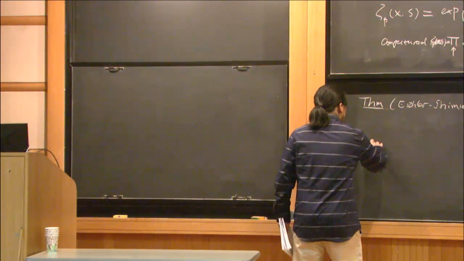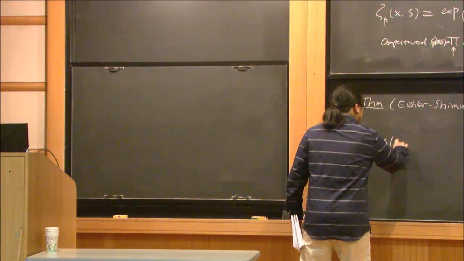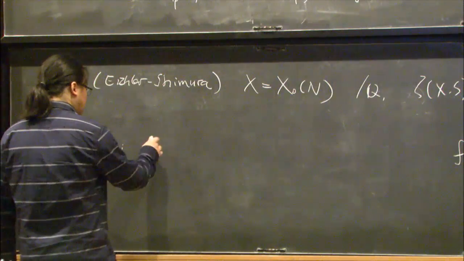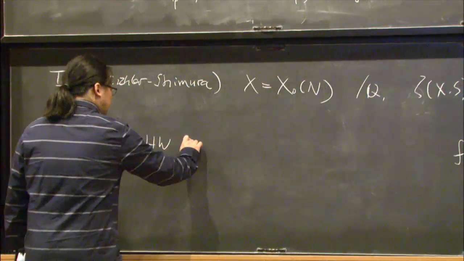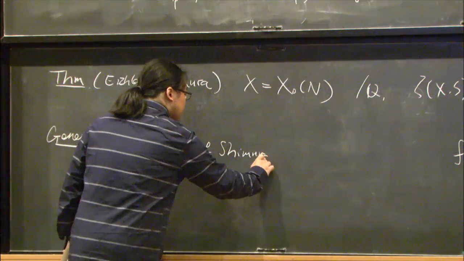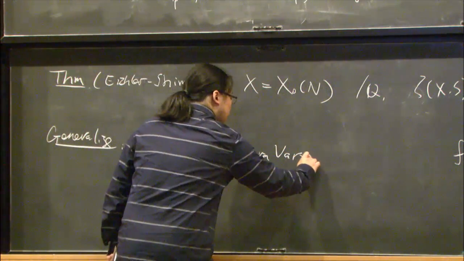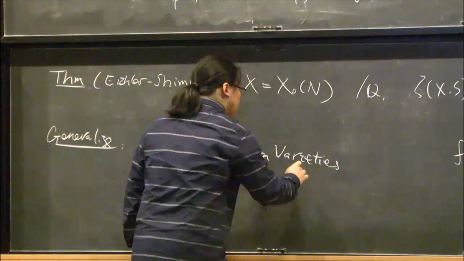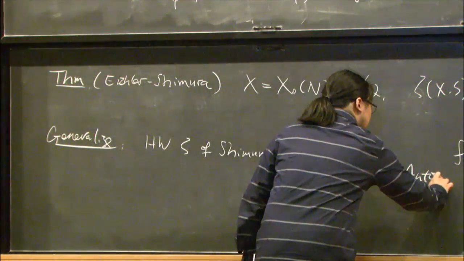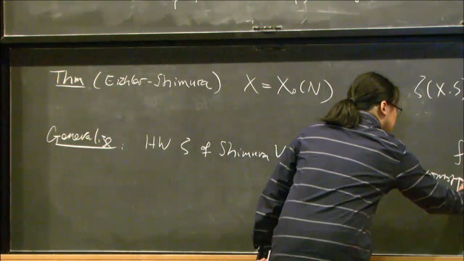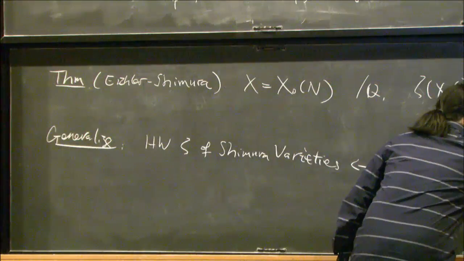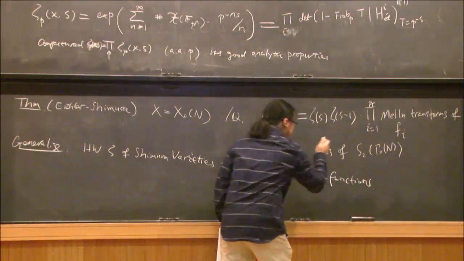So to generalize this, we want to find a relation between Hasse-Weil zeta functions of Shimura varieties and automorphic L-functions.